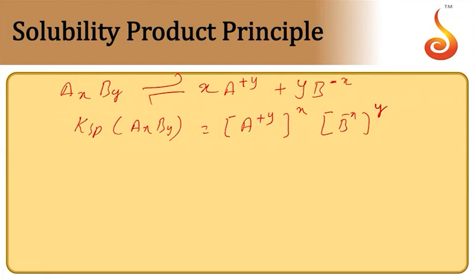This is said to be Ksp. If S is the solubility, then Ksp for any salt in general can be given by x^x y^y S^(x+y), where x and y are the respective coefficients.